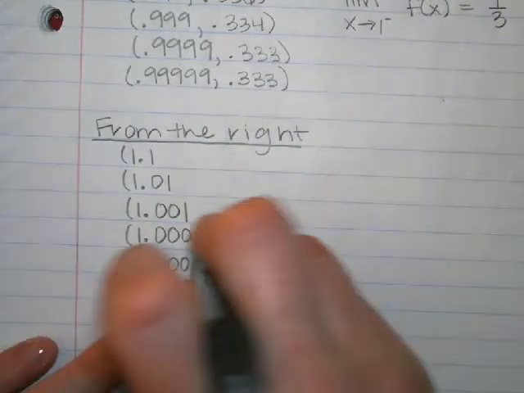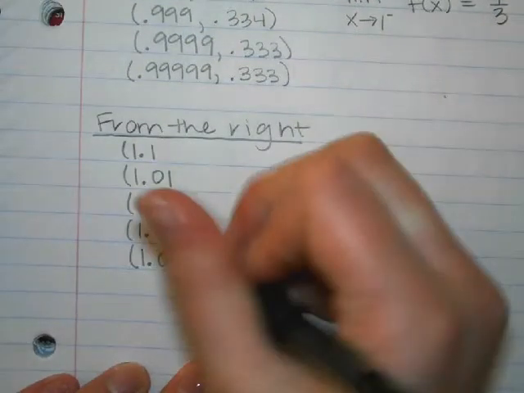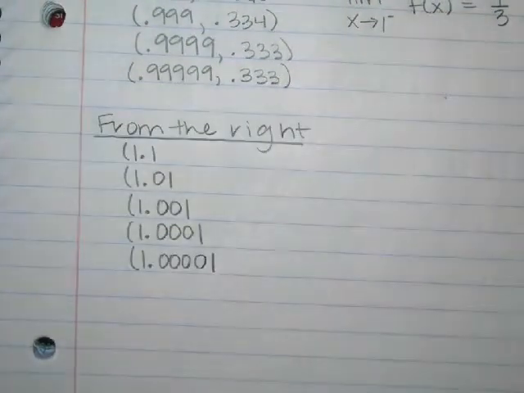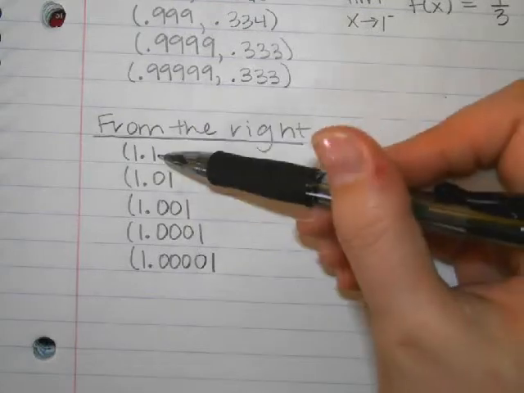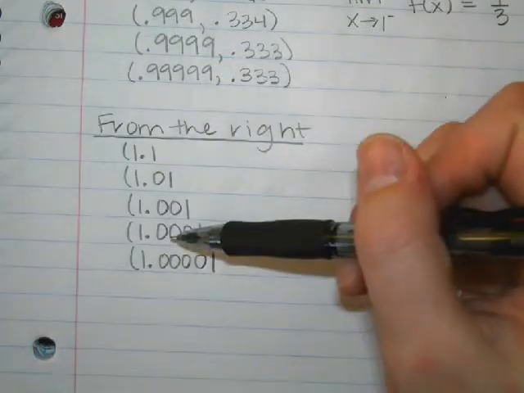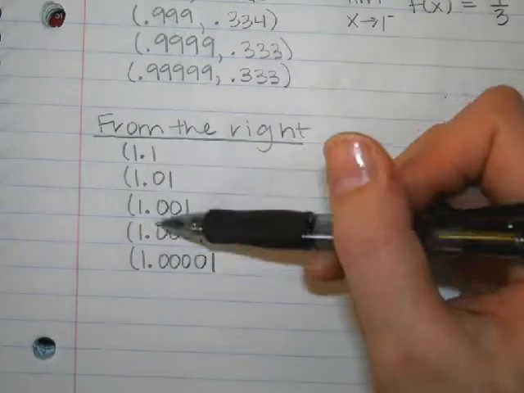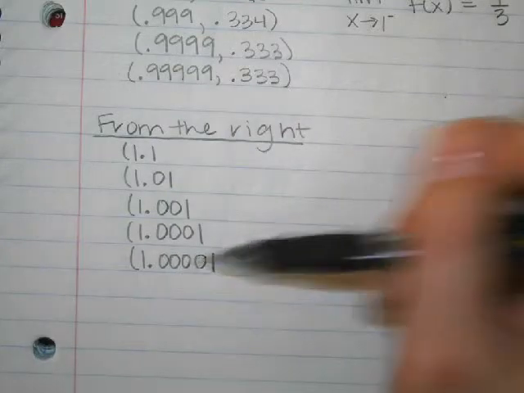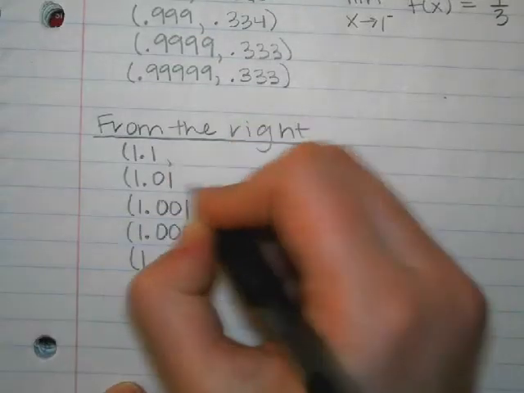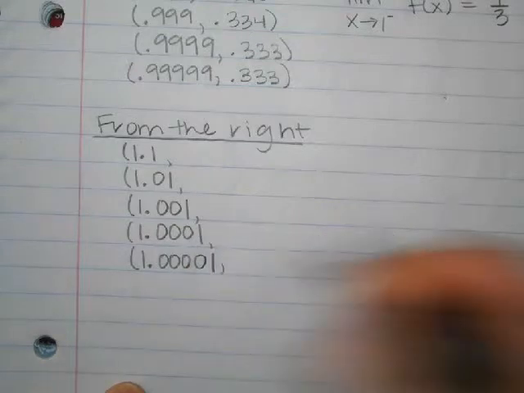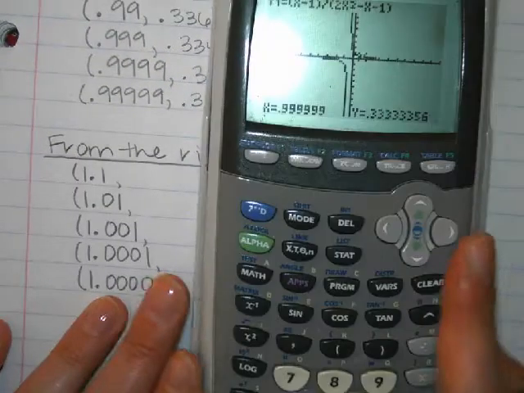We'll do 4 zeros. So this time I'm looking at decimals on the right side, and they're getting closer and closer to 1 because the decimal is getting smaller and smaller. And I'm going to do the same thing on the right side.